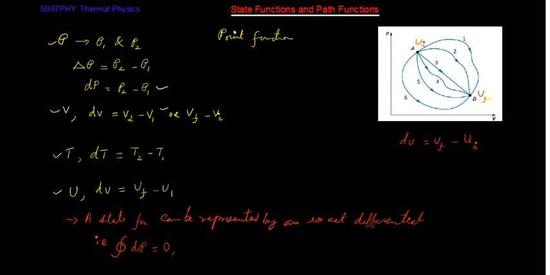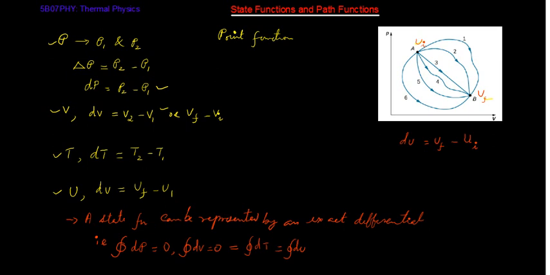Similarly, the closed integral over volume will also be equal to 0. Or I can say that closed integral dT equals closed integral dU, all of these equal to 0.